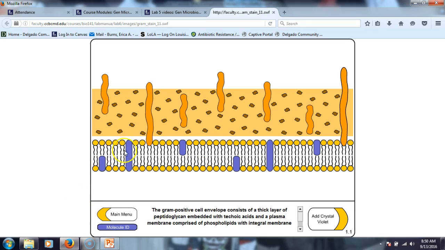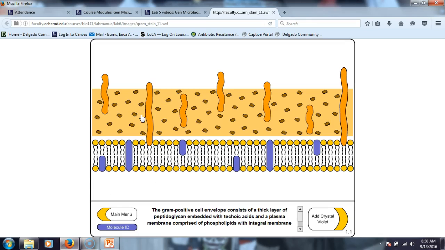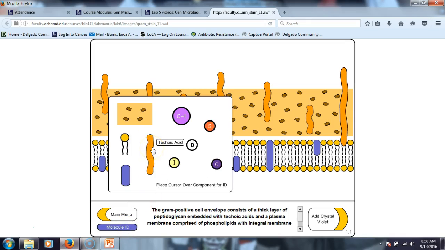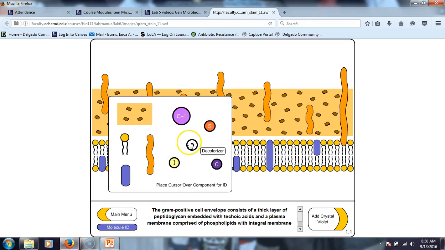So you have the cell membrane, made out of phospholipids with embedded proteins. Then we have the peptidoglycan cell wall layer that's pretty thick, the teichoic acid, our crystal violet iodine complex, our decolorizer. These are all the steps of dyes that we're going to use, the crystal violet by itself and the iodine by itself.